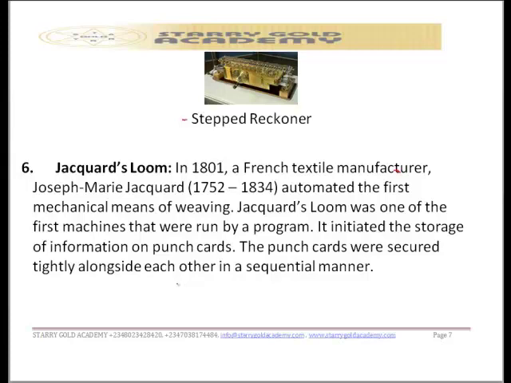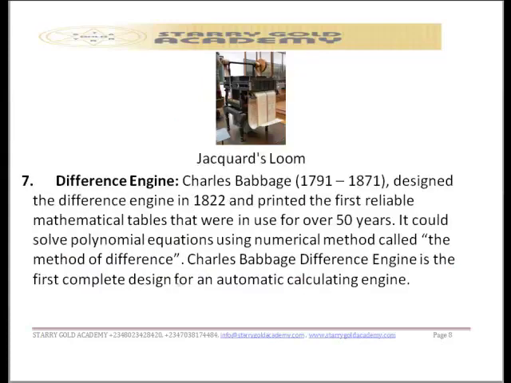Jacquard's loom was one of the first machines that were run by a program. It initiated the storage of information on punch cards. The punch cards were secured tightly alongside each other in a sequential manner. This is how Jacquard's loom looks like.